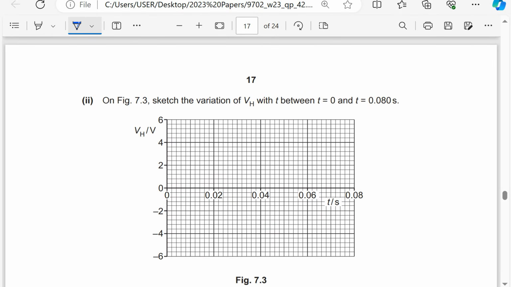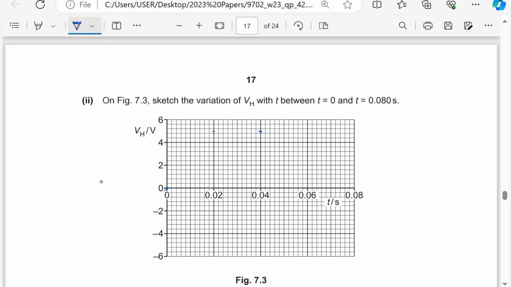At t equals 0, VH is going to be 0. Then at 0.02, VH becomes maximum, which is 5. And then it remains constant between that time and 0.04.